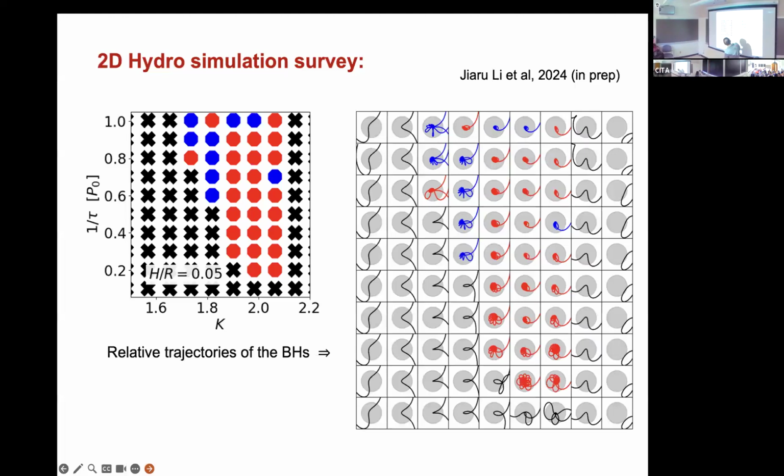I guess the take-home message here is that in order for this to work, you really need a high density, something we did not appreciate before, such that you have a damping time of order the orbital period. For people doing planets, this is very strong damping, a very short friction time scale. You need a lot of gas.